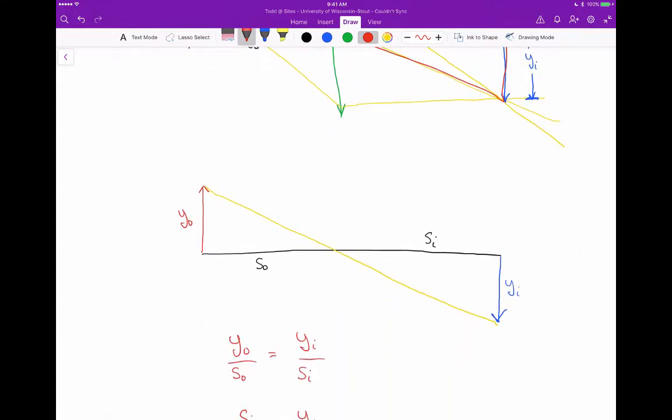Now what we notice is that this angle theta here is the same as this angle theta here. What that means is that the tangent of theta on the left-hand side has to be equal to the tangent of theta on the right-hand side.